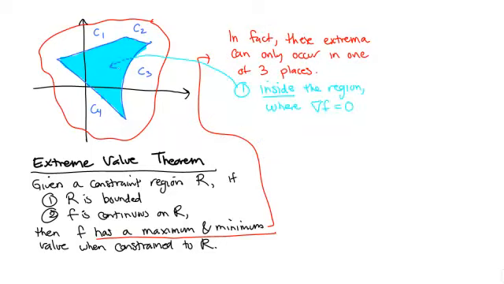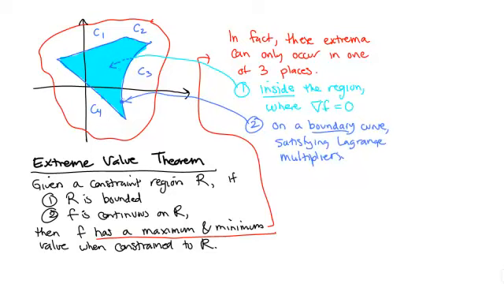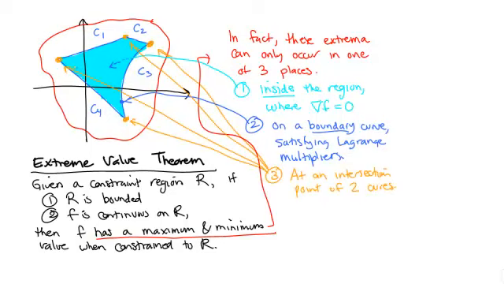1, they can occur somewhere inside the region, and then only at a place where the gradient is equal to 0. 2, on one of the various boundary curves at a point that satisfies the Lagrange multiplier problem, or 3, at one of the intersection points of 2 of the different curves. Now, this sounds like a lot of places for it to happen, but the upshot is this.